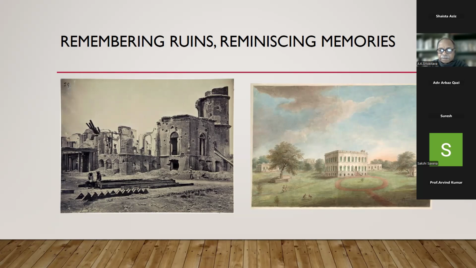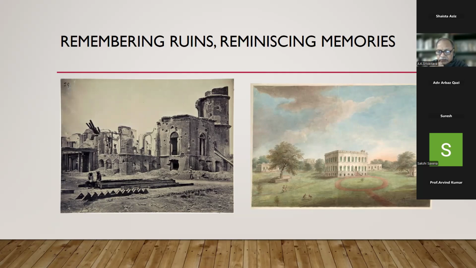Something about the residency, anybody would like to ask? Any specific aspect of the residency? Sir, why didn't the British want to shift it?